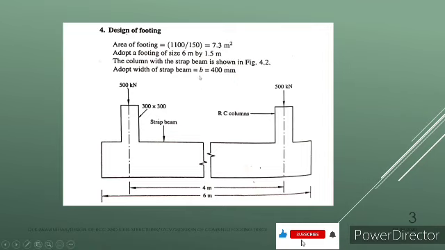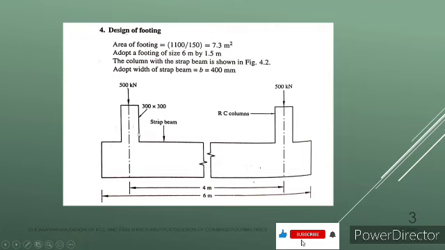width of strap beam B equal to 400 mm. This is an assumption. Otherwise you will be having purely a footing slab. So, in order to distribute the load to the slab evenly, we will be going for a strap beam. Its width is assumed as 400 mm, as the column size is 300 by 300.